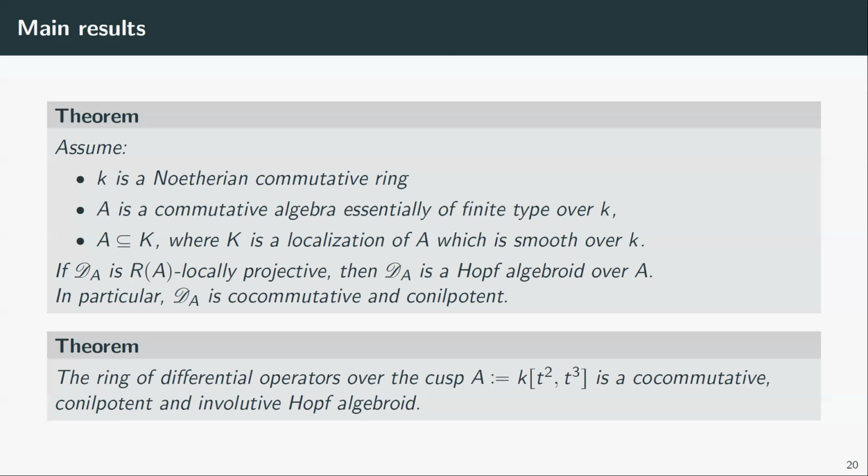And they showed that this adjunction reduces to an equivalence on these subcategories. And the cusp does not belong to this framework, because the primitive elements, so the derivations, are not projective, because the cusp is not smooth.